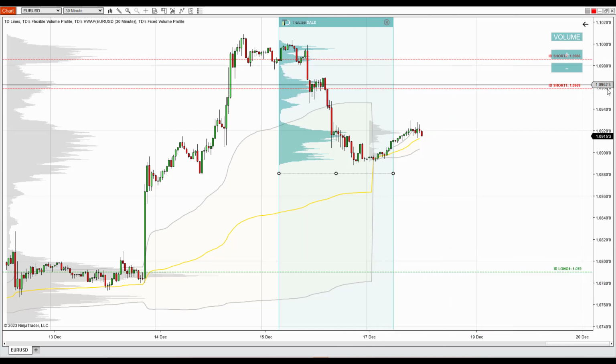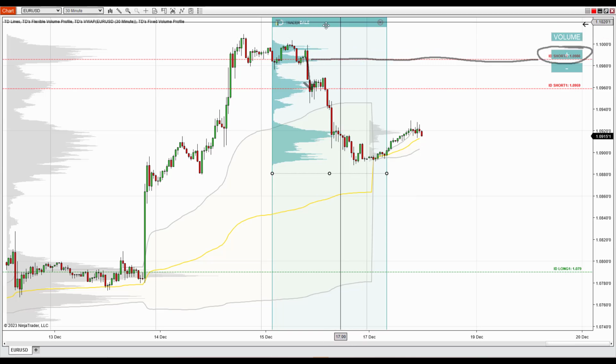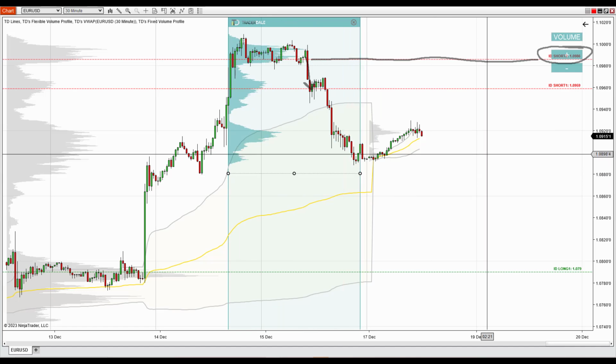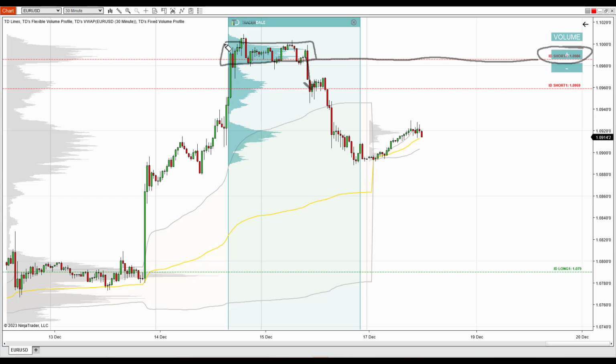Now, we also have strong selling activity starting from the second resistance, which is in here at 1.0986, and this one is based on volume accumulation setup. With this setup, you want to see a rotation where heavy volumes were accumulated, and from that, strong trend activity.